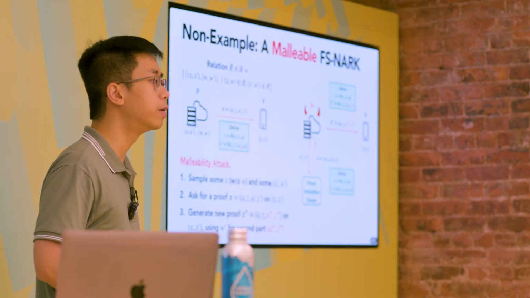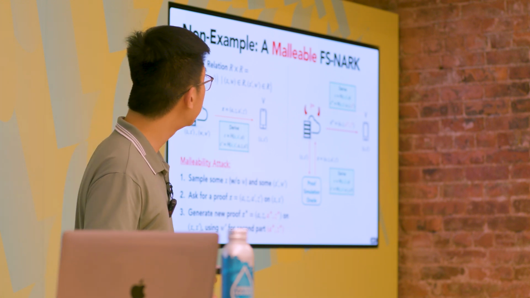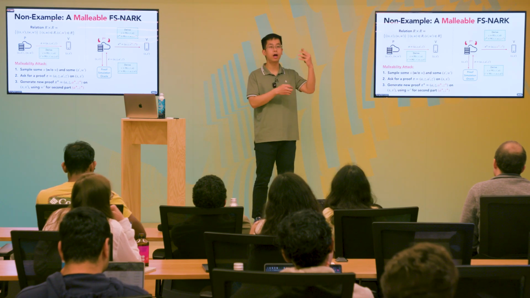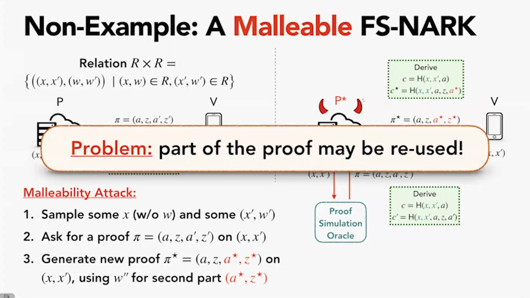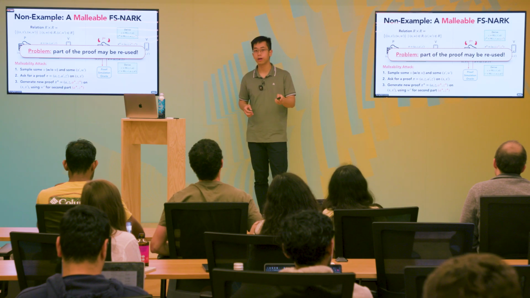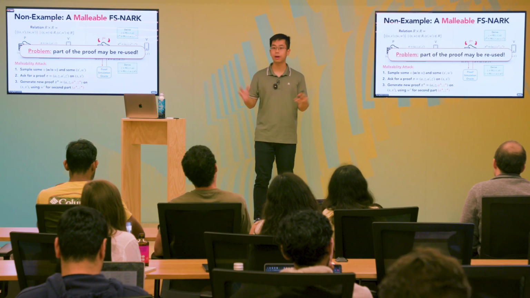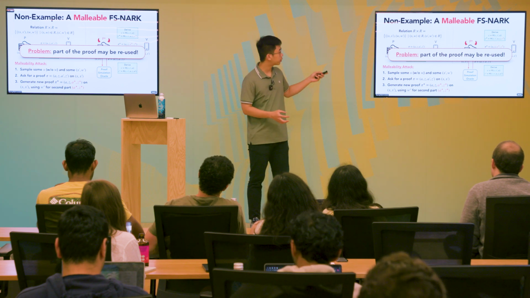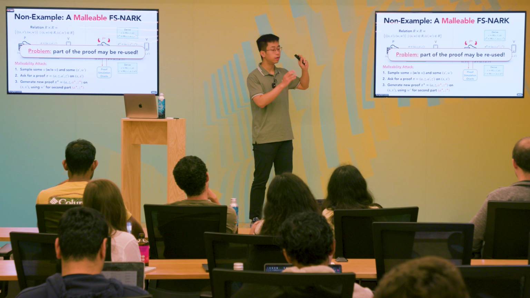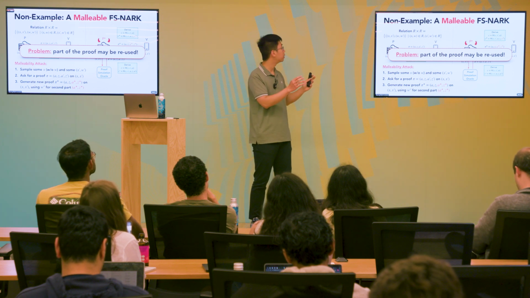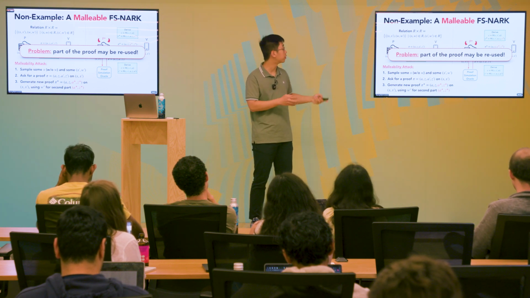What we want in these Fiat-Shamir non-interactive proofs is that the protocols should not be able to be broken down like this. Or in other words, you do not want parts of the proof to be reused later on. So there is a property that captures this intuition, that you should not be able to modify part of the proof and continue from there.